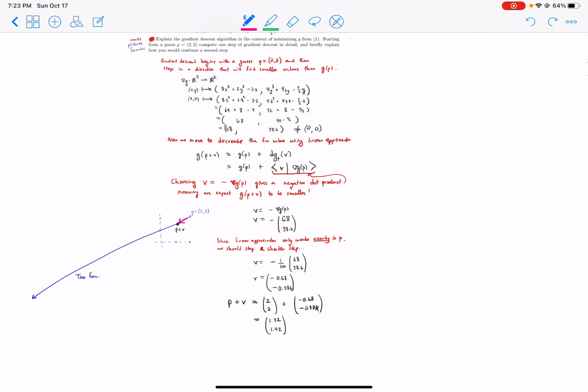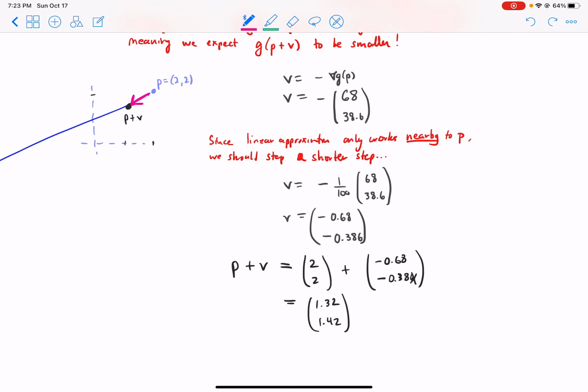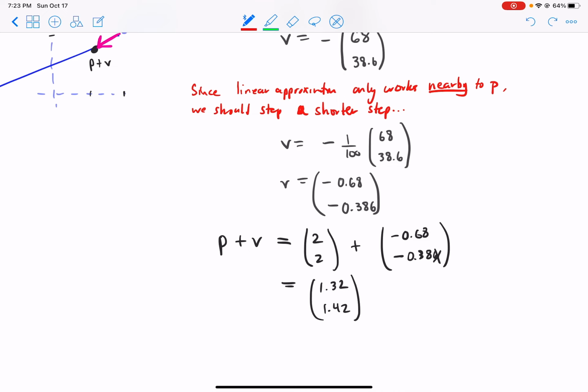So now in words, I'll say that to find our next step, compute the gradient, well, at what point? At p plus v.